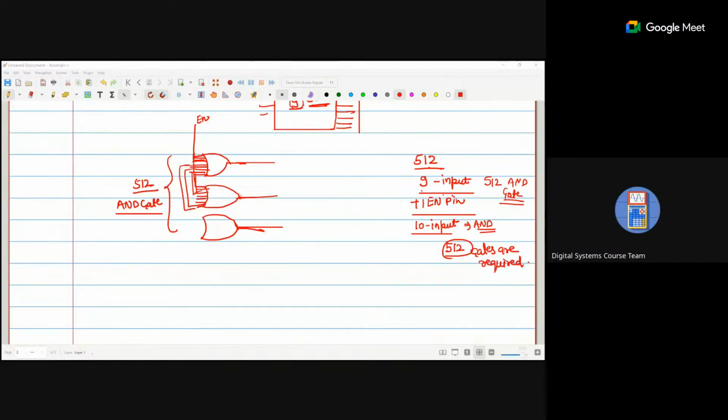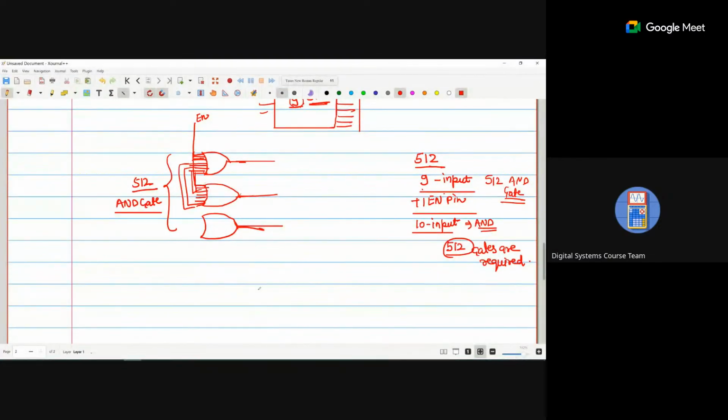Now question number 7. The Boolean expression XYZ sigma, the minimum blocks required to implement this one: 1, 2, 4, 7 and 3, 5, 6, 7.